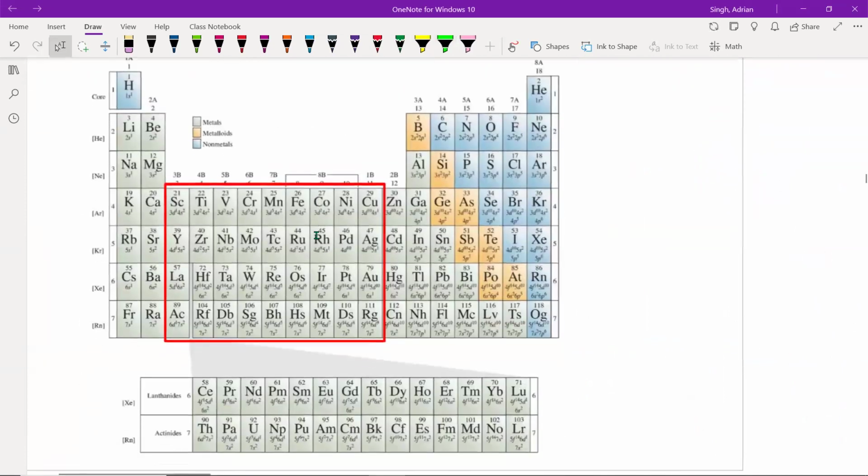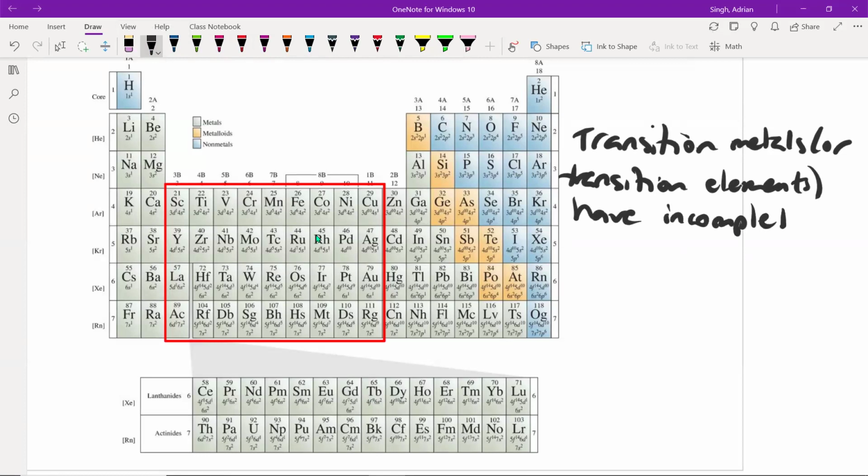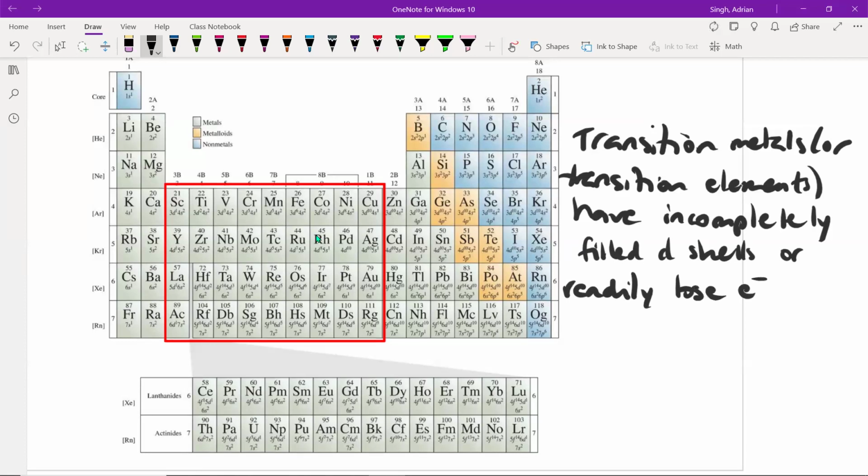However, a lot of times we forget that the last column here in the D block actually isn't classified as transition metals, because the way that we define a transition metal or transition element is they either have incompletely filled D shells or readily lose electrons to form ions with incompletely filled D shells.